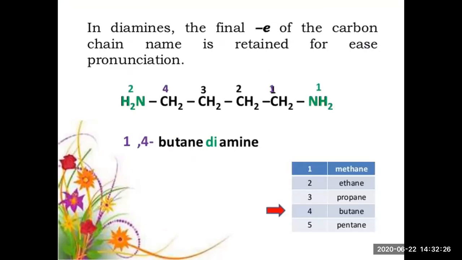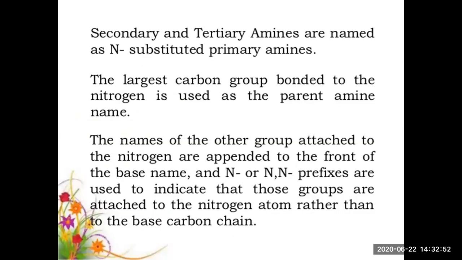Next, in diamines, the final -e of the carbon chain name is retained for ease of pronunciation. 1,4-butanediamine. Once again, methane, ethane, propane, butane, and pentane.